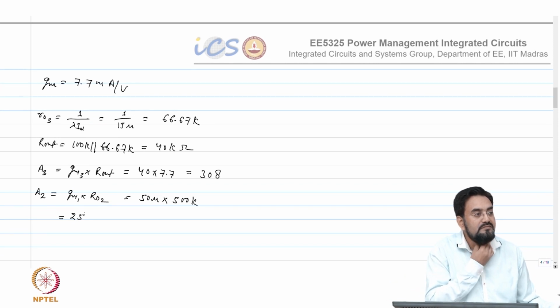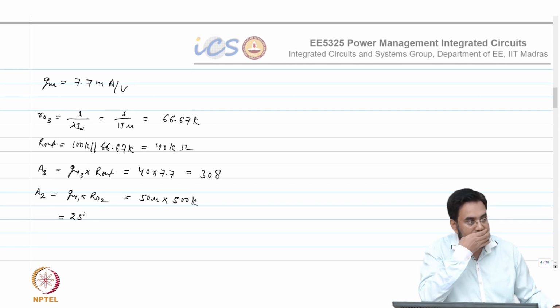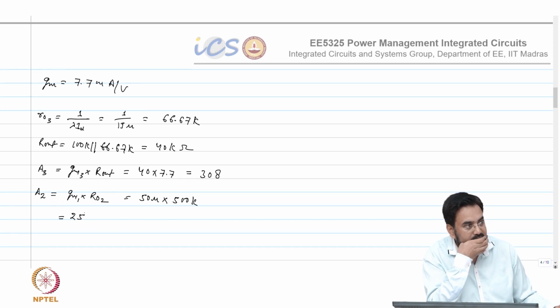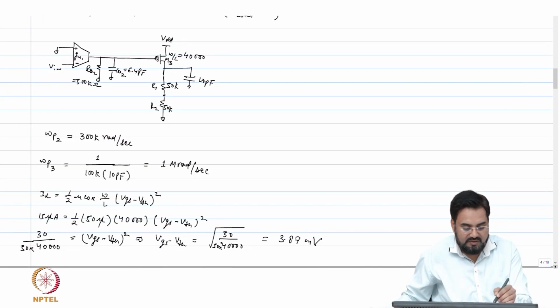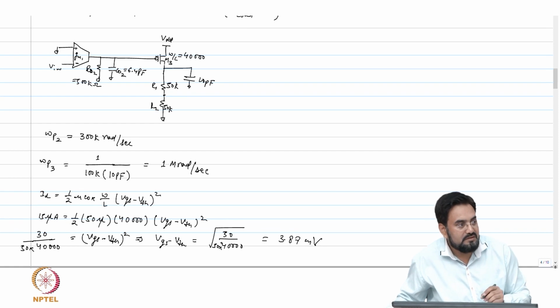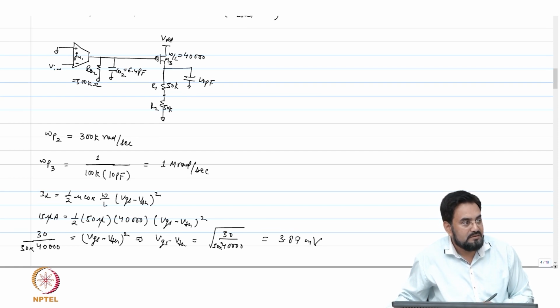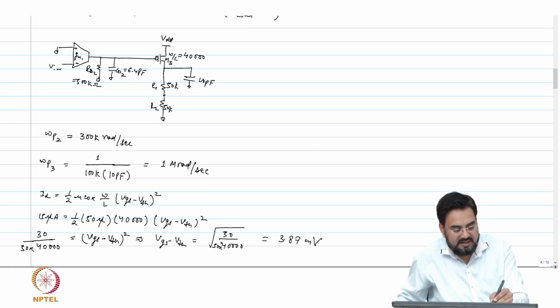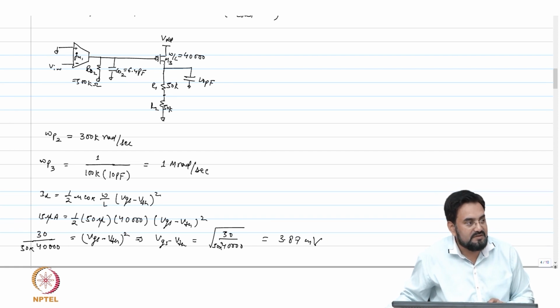Calculating omega P3, why did we include the output resistance of the MOSFET in time? Because at that node you have a 100K resistance, and it would be in parallel with the RDS of your transistor.